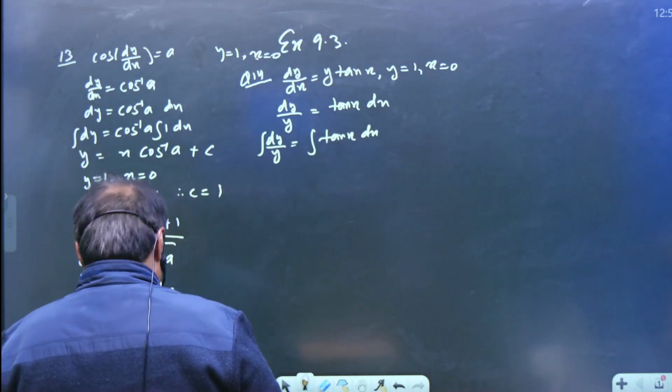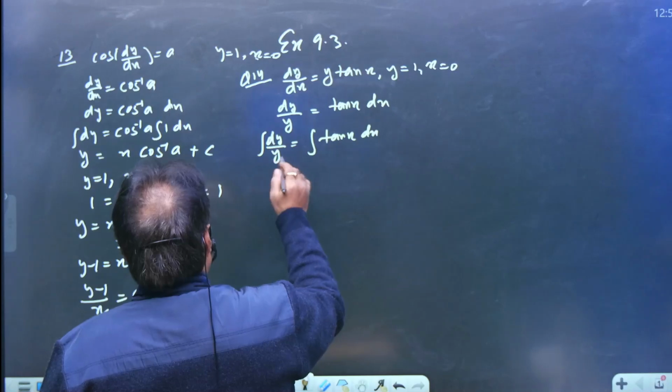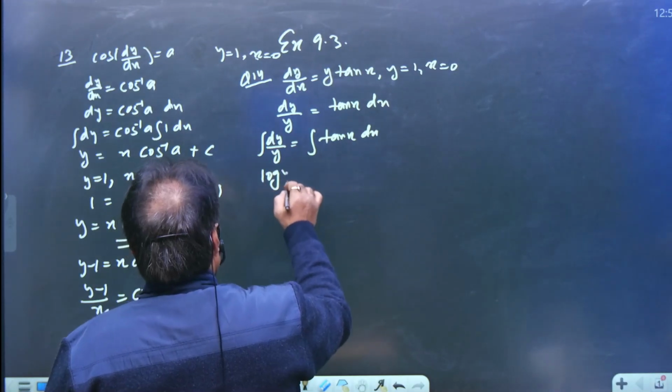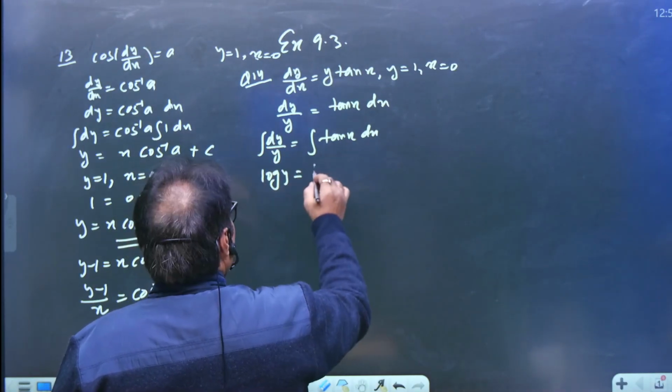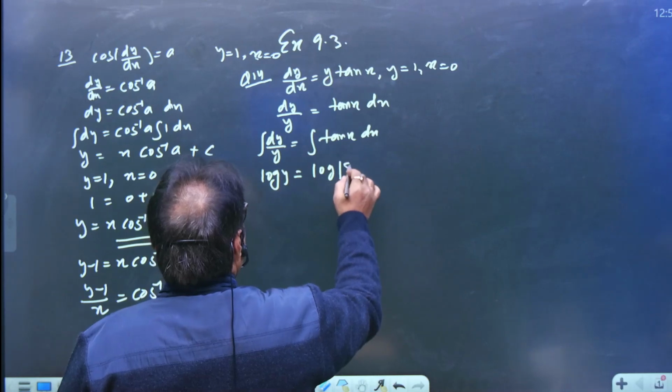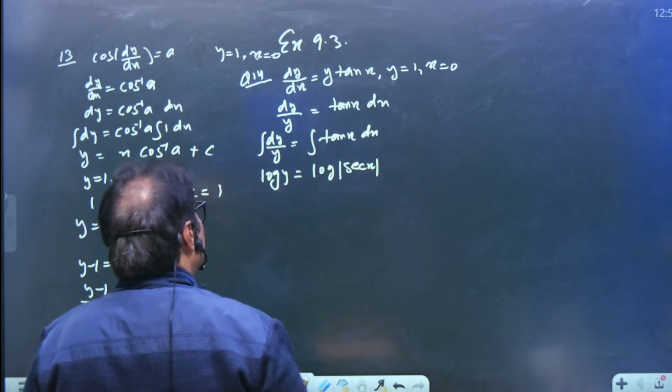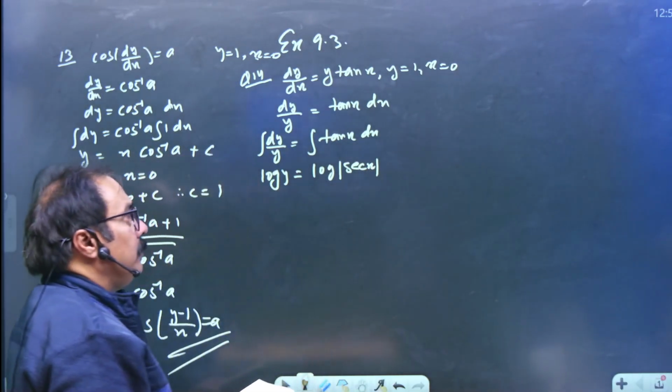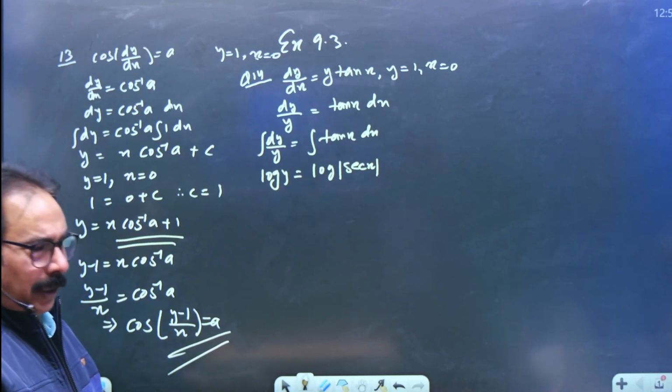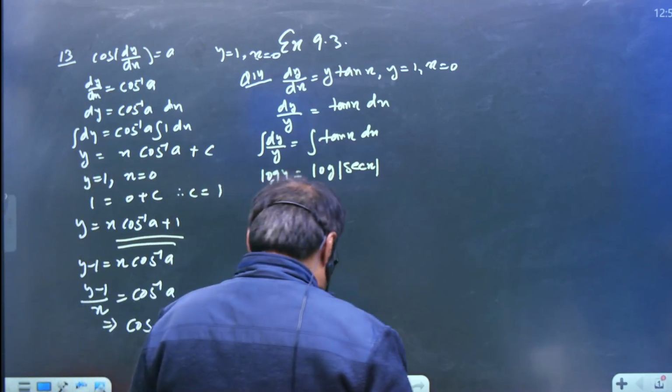Okay. And this is the integration of 1 upon y, that is log y is equal to, this will be log of secant x. In terms of sec, if we write sec x, if we write cos then minus log of cos x. Okay.